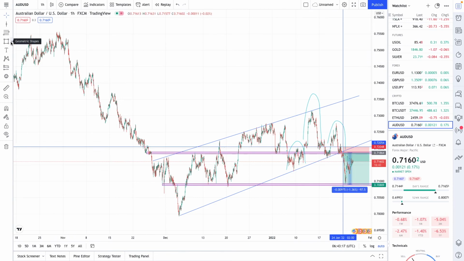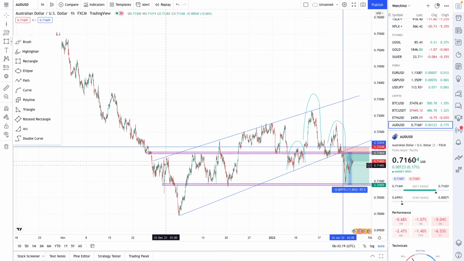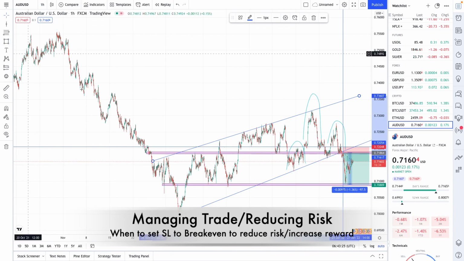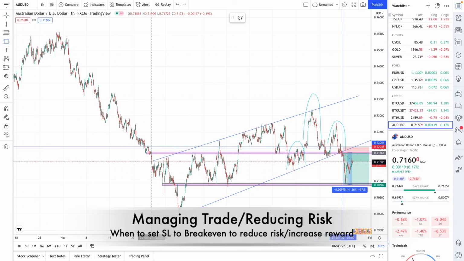But let's just say we didn't know. When we were making additional minor support levels, we could identify here that this is a support level. Let's put it here. So even so, let's just say we were to enter and we didn't really know where this pair was going to be.